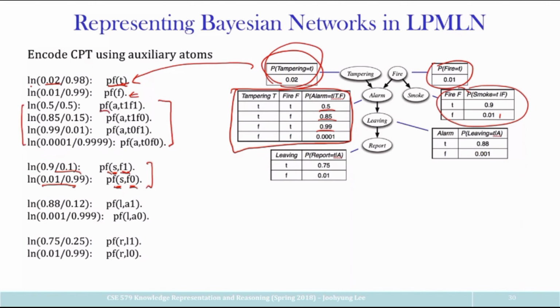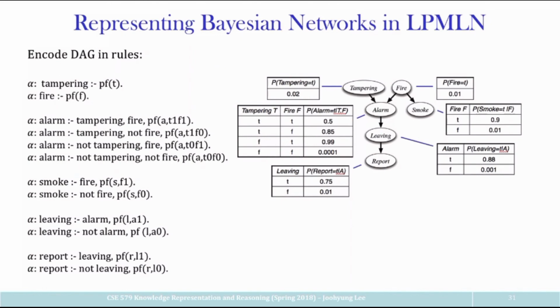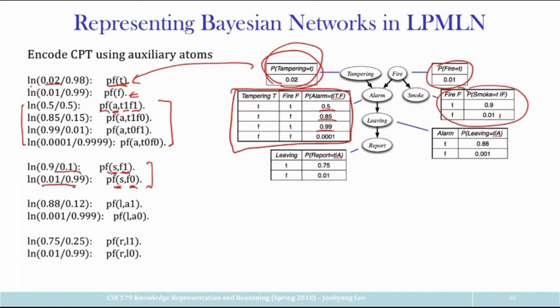So this is the probability of alarm being true when tampering is true and fire is true. That's 50-50. And same for the others. Are we together? Is it clear? All right. So this is the part where you encode the table.